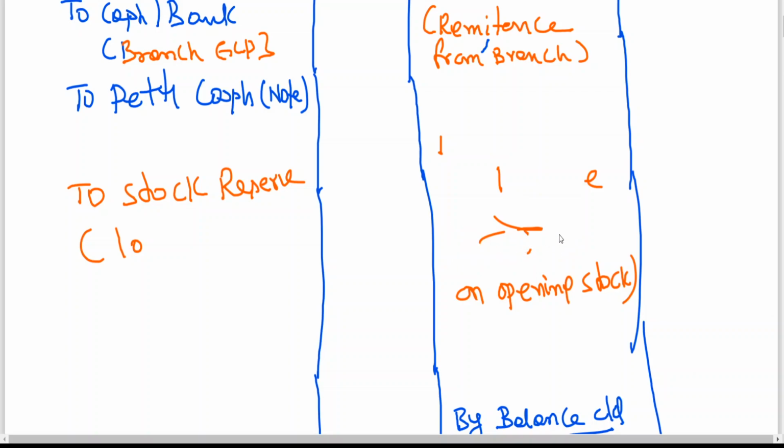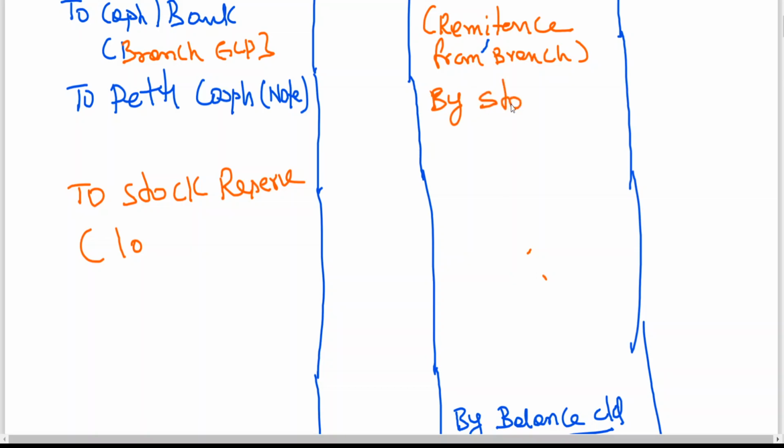Go in a sequence. Be easy. Loading on opening stock.